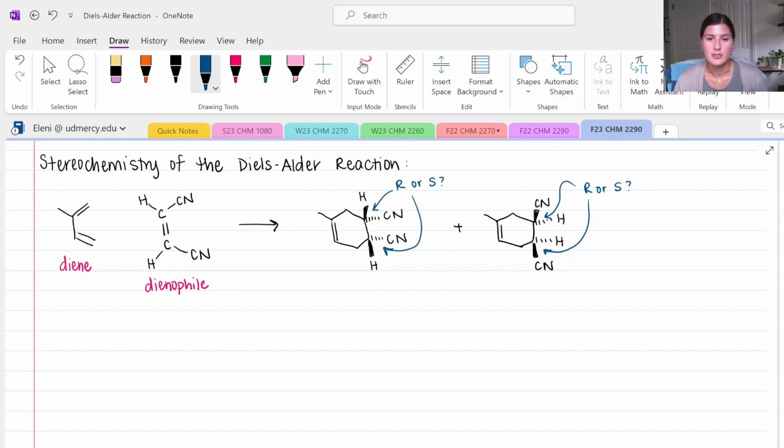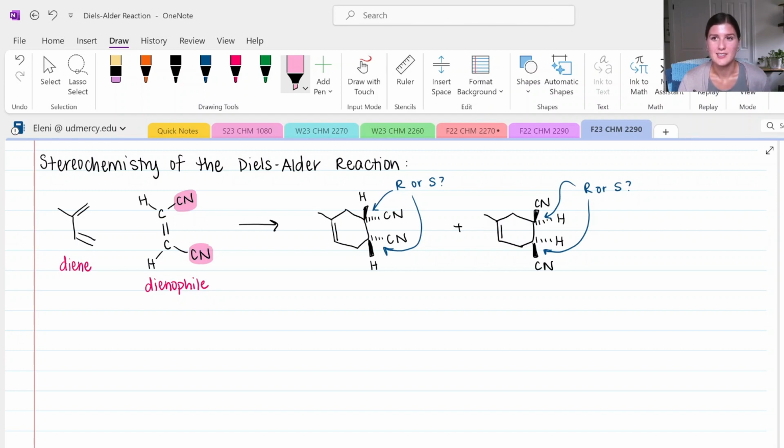One of the key features of these products now is that the groups that are on the same side of the double bond in the dienophile, so the 2 CN groups the way we've drawn the double bond, are on the right side of the double bond in the dienophile.